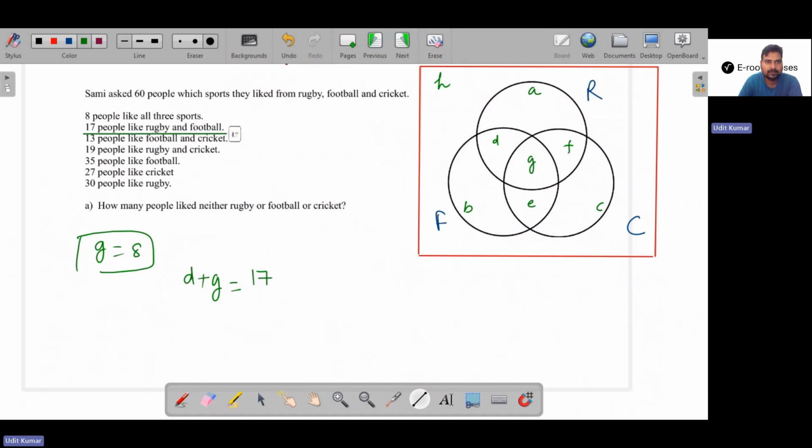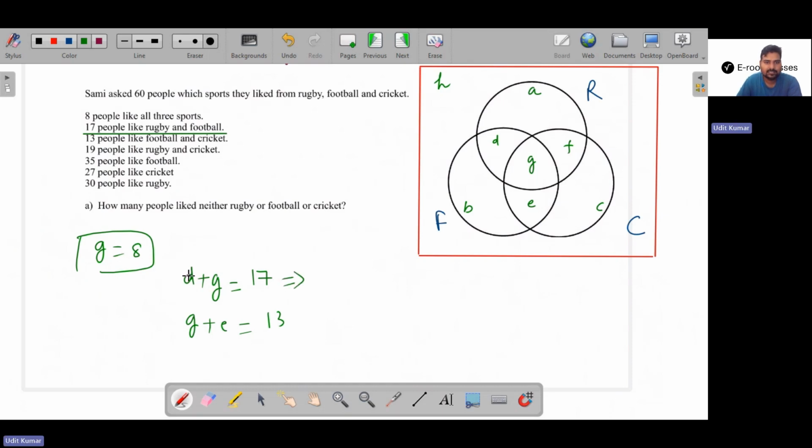17 people like rugby and football. Now, 13 people like football and cricket. Again, "and." So 13 people like football and cricket. That means G plus E should be 13. Okay, let's just solve them all together.